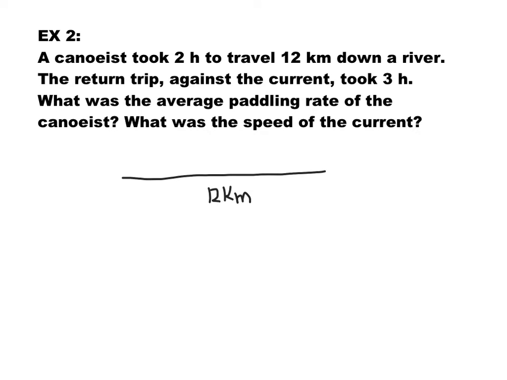Now, the first part of the trip is in the direction of the river. So let's assume that C represents the speed of the canoeist and S is the speed of the river. The first time they are going in the same direction, so this means that the speed is C plus S. But remember from physics that distance d is equal to velocity v times time t.